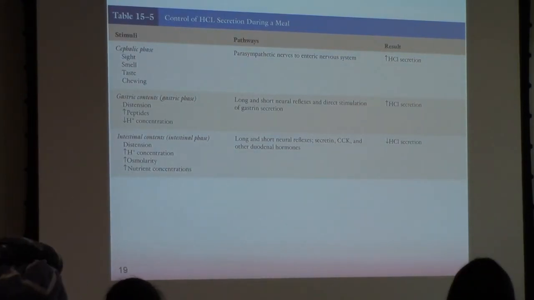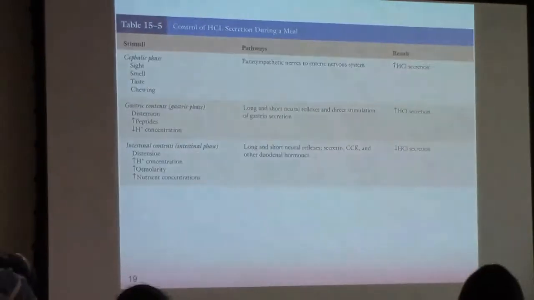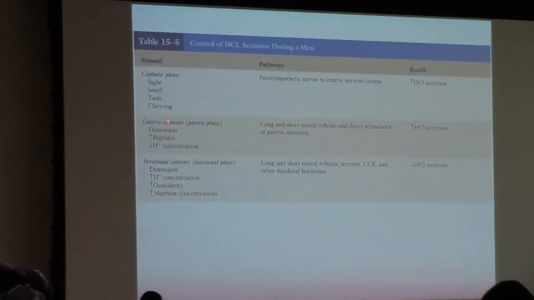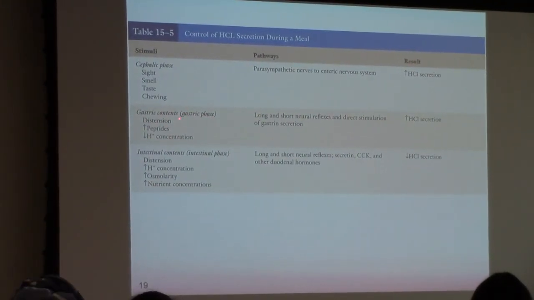Parasympathetic nerves means it's acetylcholine, releasing an increased acid secretion. We've talked about that already quite a lot. Here is the gastric phase: stretching of the stomach, peptides in the stomach, decrease in proton concentration because of dilution of the gastric acid, increasing acid secretion. And then we'll get to the intestinal phase Thursday.